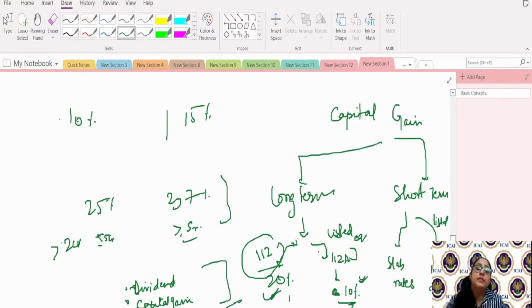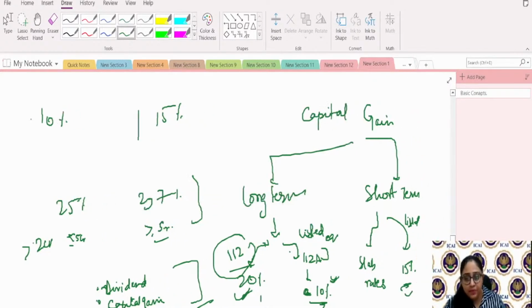We will not take more than 15% from you. Otherwise surcharge is 25% and 30% if the income is more than 2 crore, 5 crore. But if the income is of such special rate nature, we will not take more than 15% surcharge. So the surcharge is capped here.